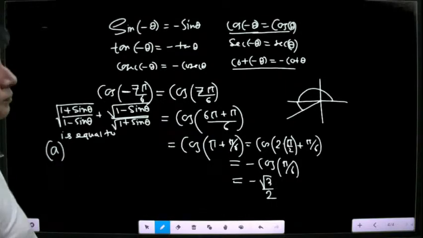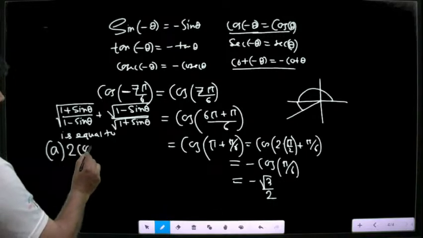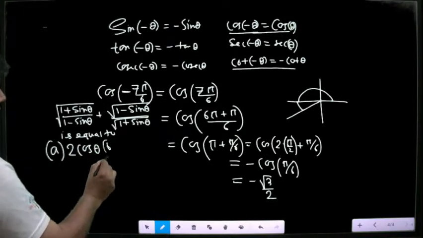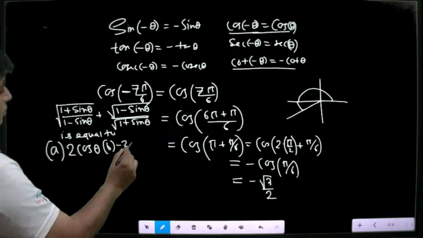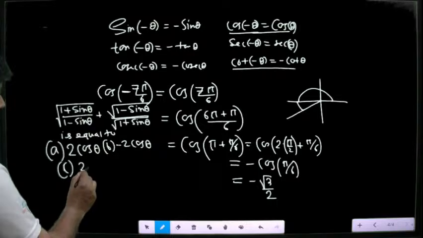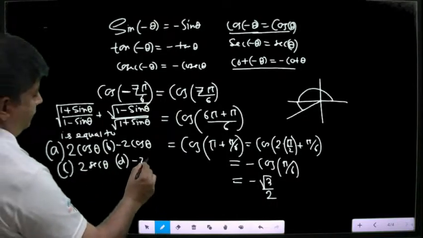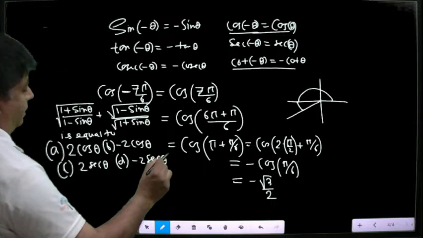Option A: 2 cos theta, option B: minus 2 cos theta, option C: 2 sec theta, option D: minus 2 sec theta.